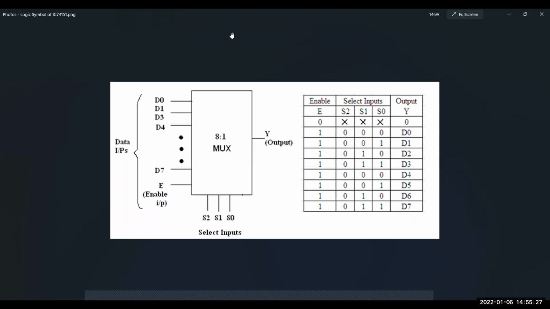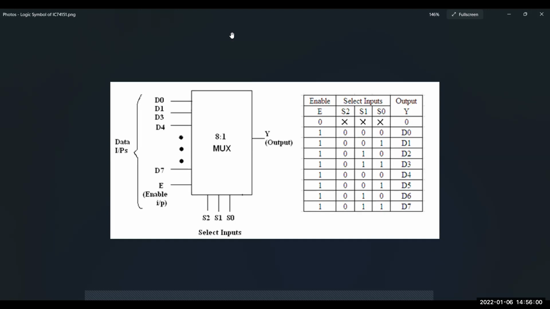8:1 mux means there are 8 input data lines and 3 select lines. Here you can see the 8 data lines, that is D0 to D7, and 3 select lines, that is S0, S1, and S2, and again one output, that is Y. But one thing, it also has an enable input, so here you can see E for the enable input.